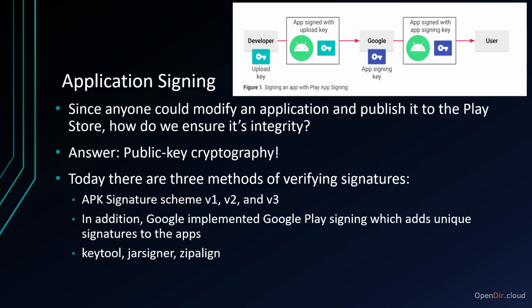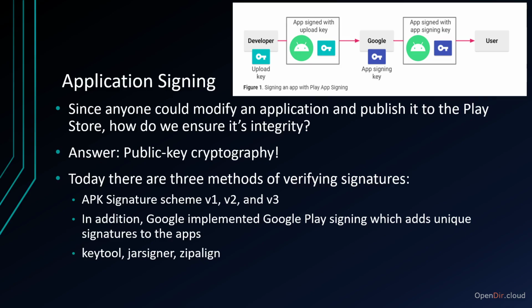When they upload it to Google, Google also provides an app signing key that is unique to that application. So it prevents people from trying to impersonate the Google Play Store or making someone think that the application is legitimate when it's truly not. After the application is signed by both parties, it will go out to the user via the Google Play Store.